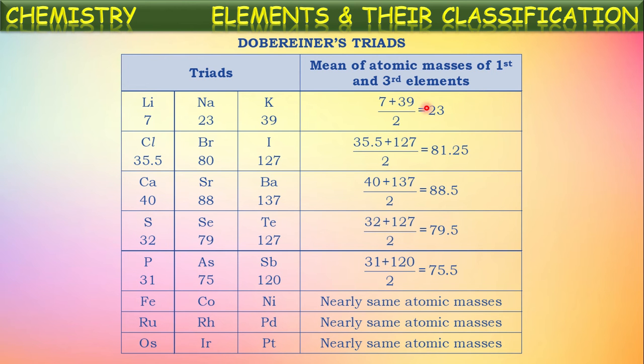The arithmetic mean of these two is 23, which is the atomic weight of sodium. In the same way, for the remaining groups also, the arithmetic mean of the atomic weights of the first and third elements is nearly equal to the atomic weight of the middle element. So in this way, he arranged three elements as one set and called them one triad. These are called Dobereiner's triads.